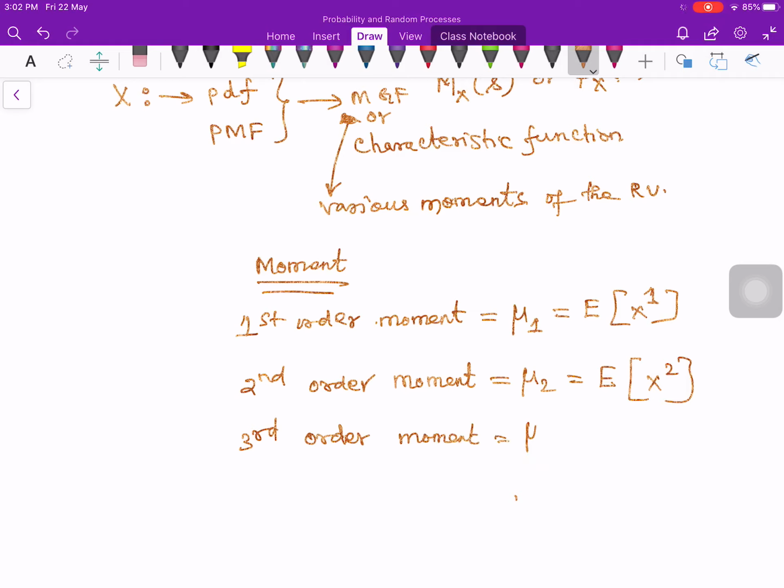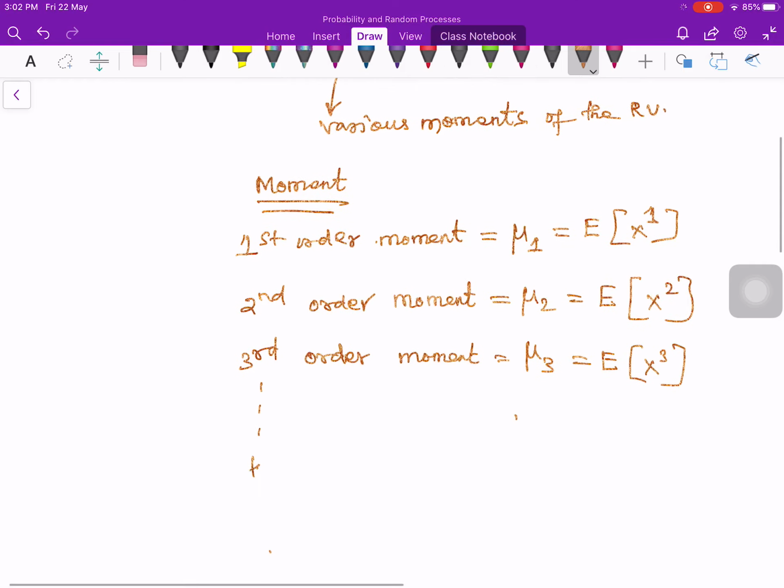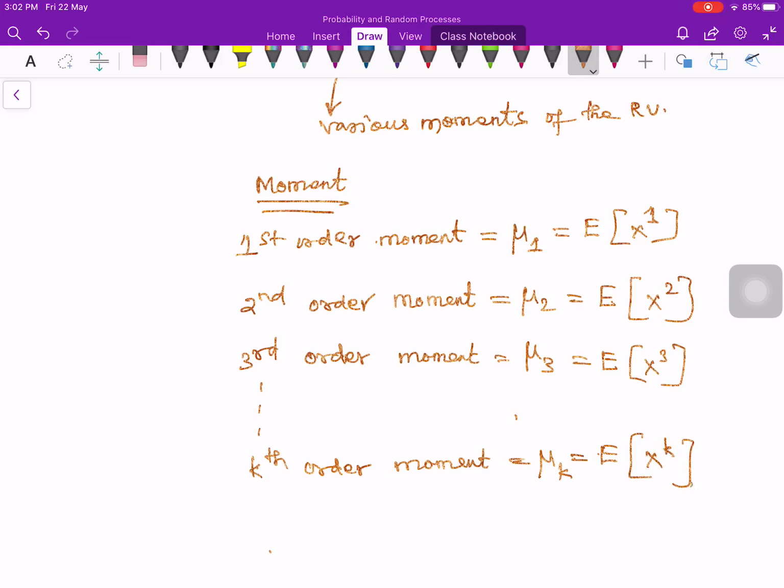This is denoted by mu sub 3, which is the expected value of x to the 3. Similarly, you can define various moments, let's say the kth order moment. So this is denoted by mu sub k, defined as the expected value of x to the k. Okay, so these are various moments.